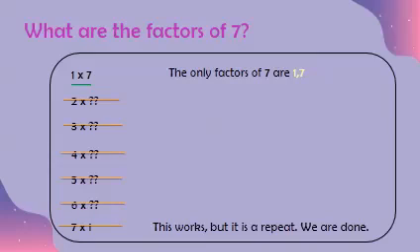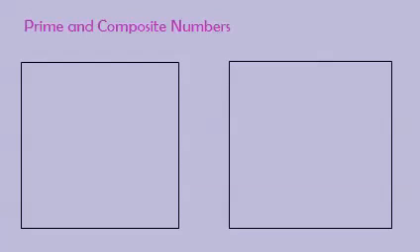But wait, 7 has only 2 factors, 1 and itself. What does that mean? That means that we have 2 types of numbers, prime numbers and composite numbers.